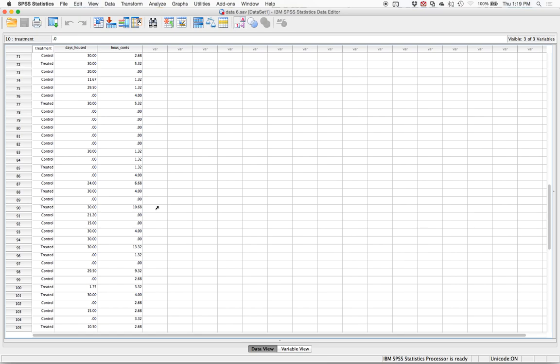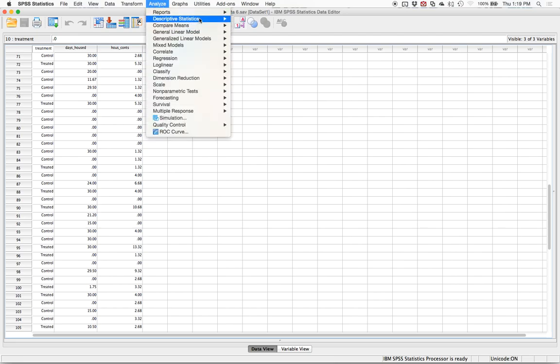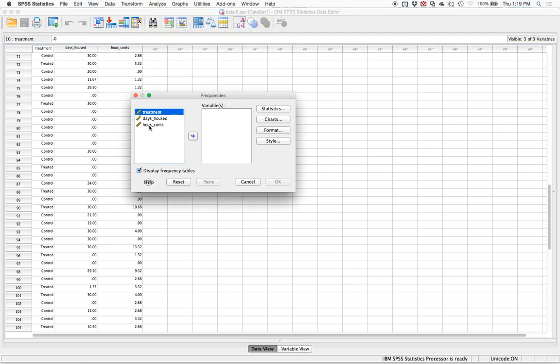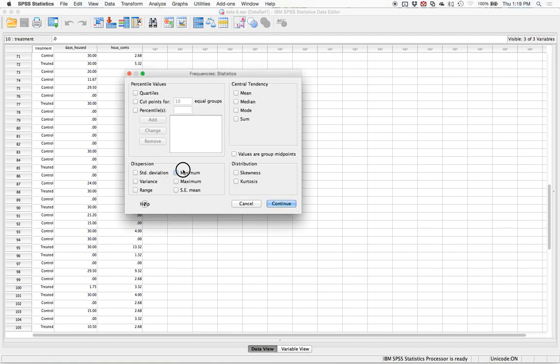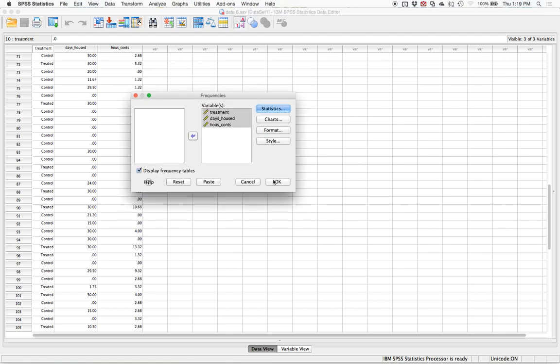Okay, so let's check for missing data and accuracy. Analyze, descriptives, frequencies. We'll move over all three variables. Then under statistics, at least min and max, but I also usually recommend the standard deviation and mean. Continue, and okay.